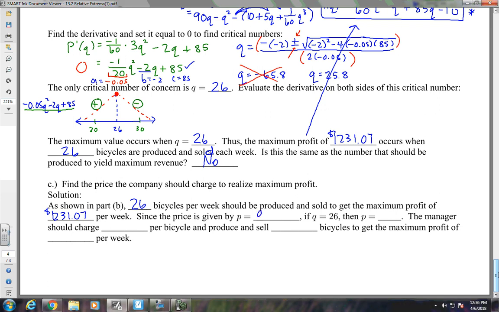So we need to evaluate 90 minus Q, or 90 minus 26, which gives us 64. Thus, the manager should charge $64 per bicycle and produce and sell 26 bicycles to get the maximum profit of $1,231.07. Now, I like that price. That's a good price for a bicycle.